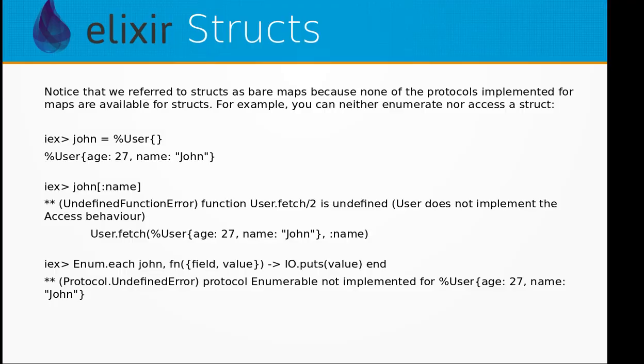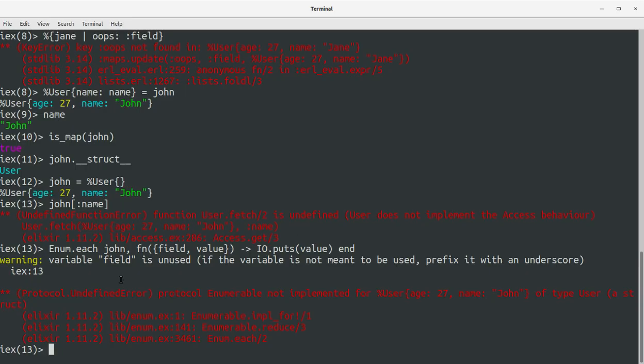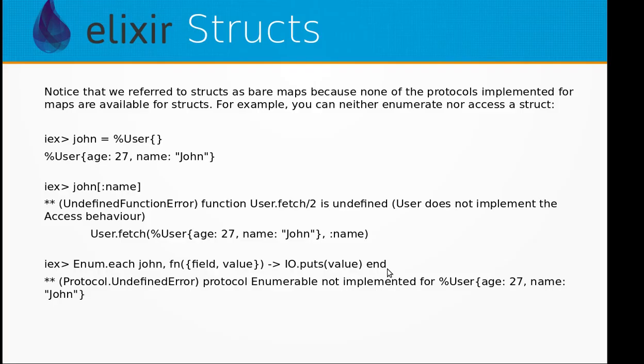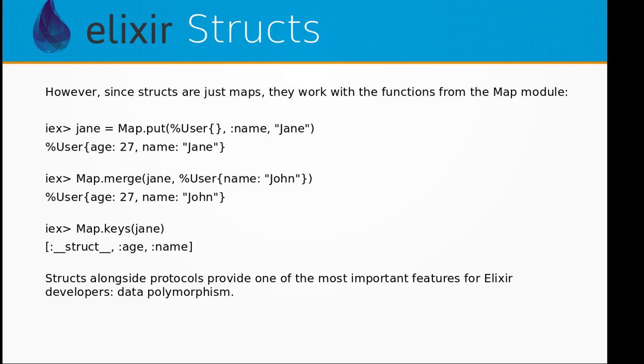Okay, we got an error saying protocol enumerable not implemented for user. The point being here is that the structs don't have these methods available with them, neither fetch nor enumerable, which are available for maps. However, since structs are just maps, they work with functions from the map module.